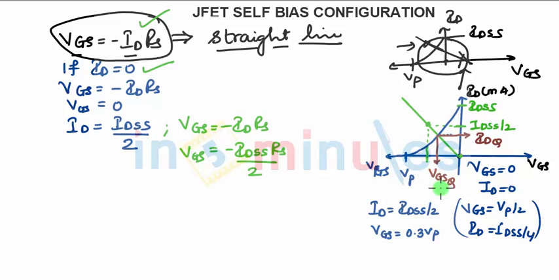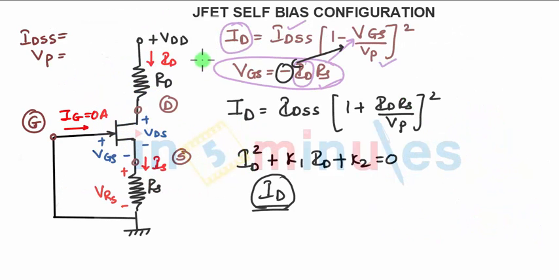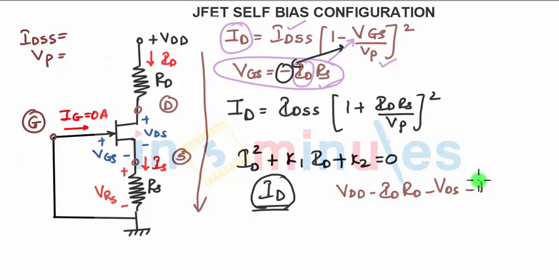This is how you can find the Q point graphically. So what you will get is 2 points, IDQ and VGSQ, from the graph. Once you know IDQ and VGSQ, you can apply KVL in this loop. So what will be the KVL? VDD minus ID RD minus VDS minus IS into RS equals 0.